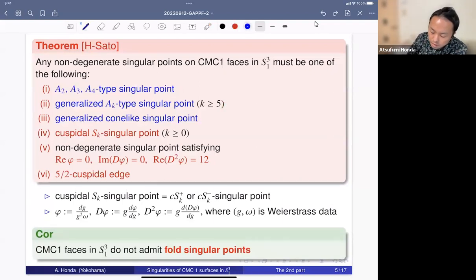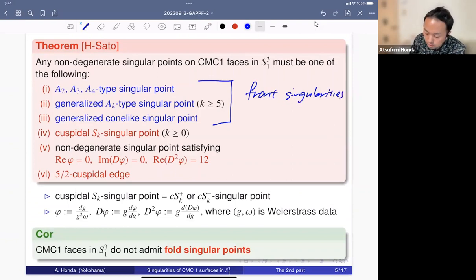These are singularities of fronts, wavefront singularities. And these are non-frontal singularities.